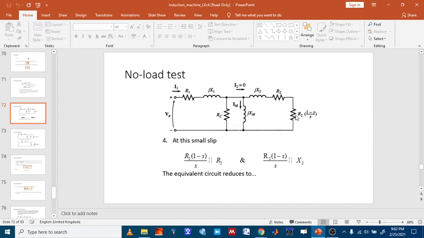This part is very large. That means it will offer a large impedance to current flow. Do you get it? For I2 will be very small, more current will flow through the magnetizing component and the core loss part, because of the large impedance. The impedance is very large, so more current will flow to that section.